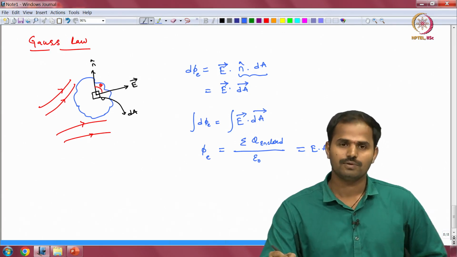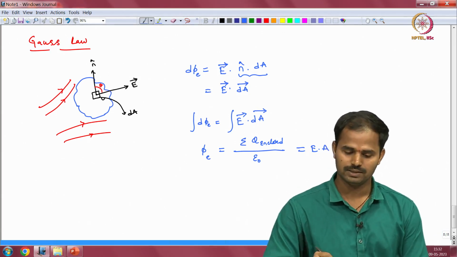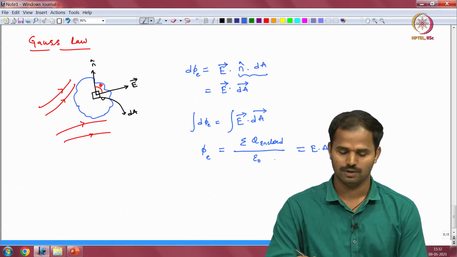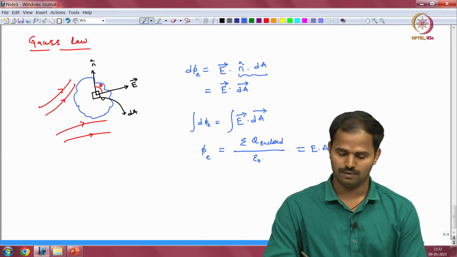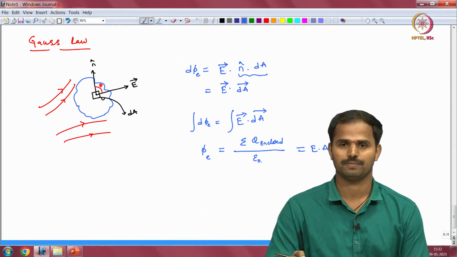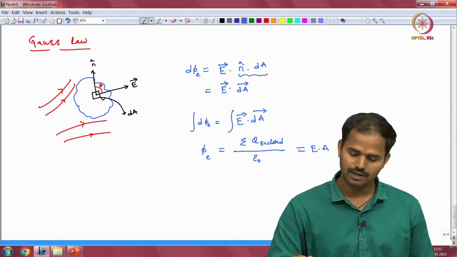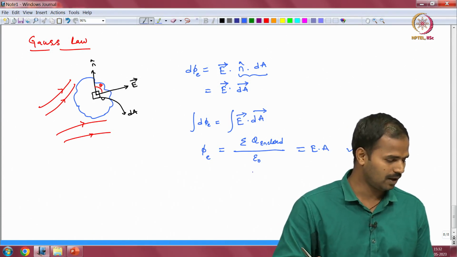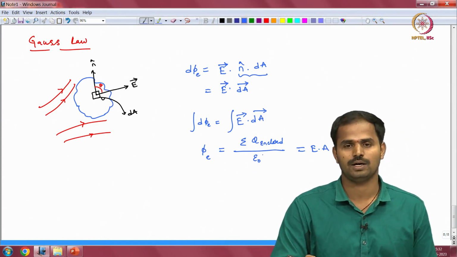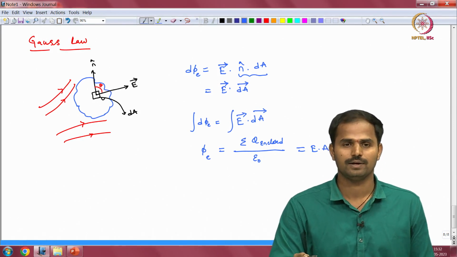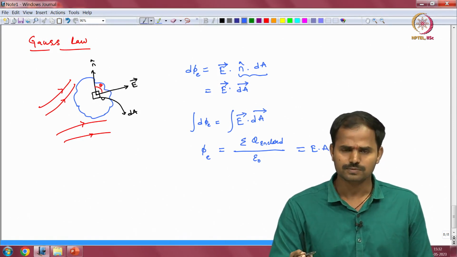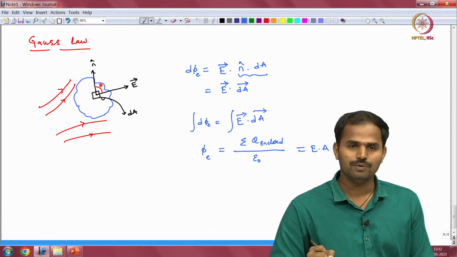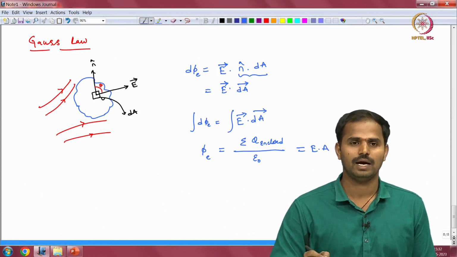The Gauss law of electric fields is nothing but flux equals total charge enclosed with respect to the permittivity. Okay. The derivation of charge over epsilon naught we can do offline, by considering the sphere as an example. Thank you. With this I am concluding the electric fields.